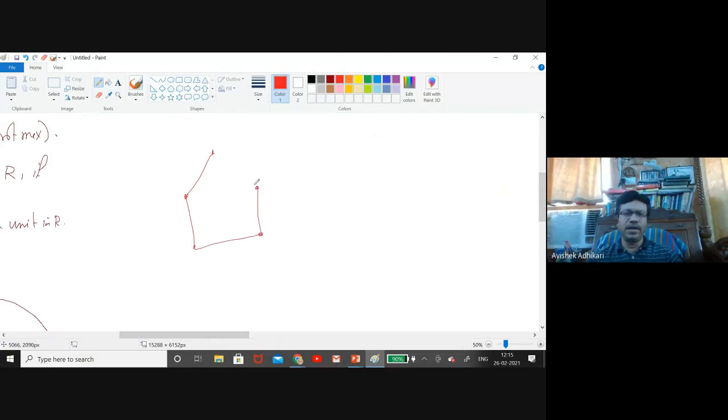So this is my graph. Let's try, I need to have this complete graph. Suppose I draw this, till now there is no problem. I draw this, till now there is no problem. I cannot draw like this. So maybe I can join this one.